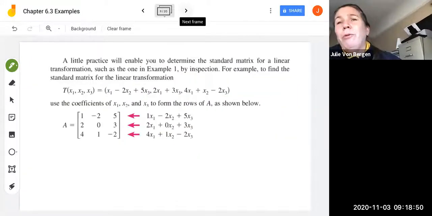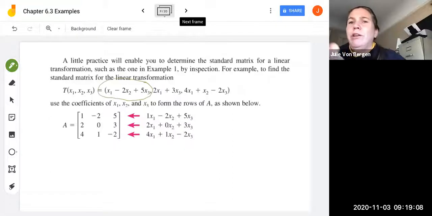Okay, so a little practice is going to enable you to determine the standard matrix for a linear transformation, just like we saw in example 1 and the other examples, just by inspection. Notice the first entry of this function, x1 minus 2x2 plus 5x3.